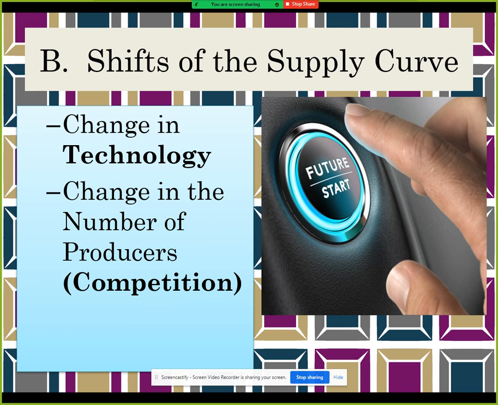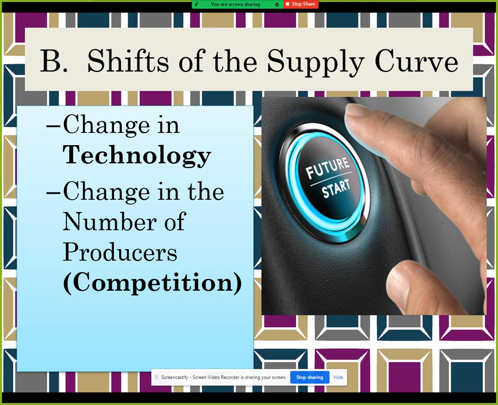You may also see some examples where there is a decrease in technology. Maybe a big computer virus comes through and wipes out all the computer systems, or some kind of natural disaster wipes things out. In that case, of course, that would decrease the supply. All right, change in the number of producers. Competition.